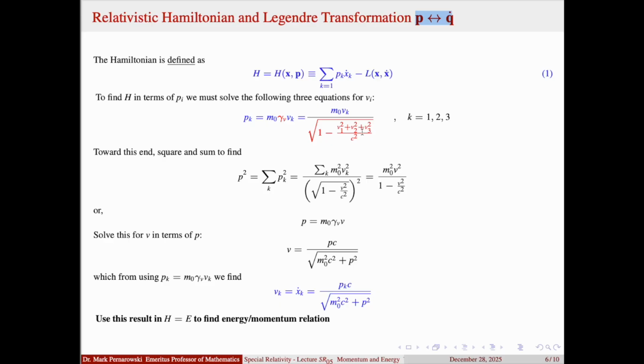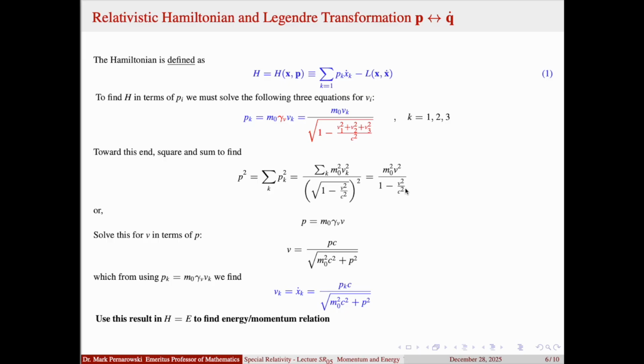Well, okay, the system of equations. First thing I'm going to do is square each of these components and sum them. I get the magnitude of the three momentum squared. That's this. It means just square this and sum. So I get the same denominator squared on the bottom, and I get a sum of the m naught squared vk squareds on the top. Well, that turns out to be this expression here.